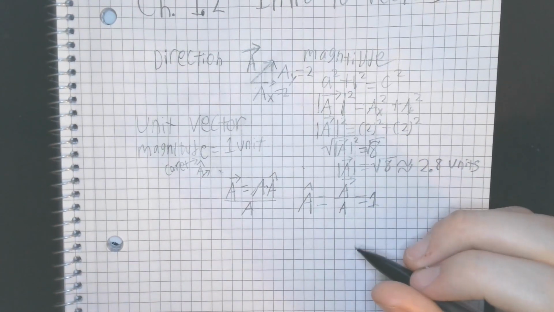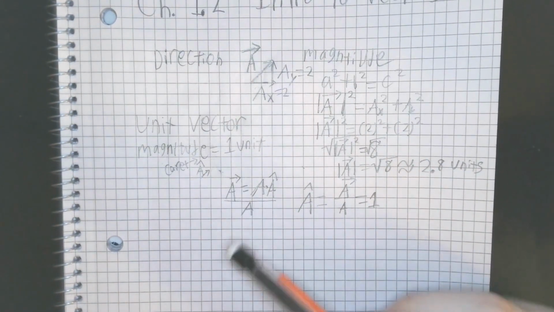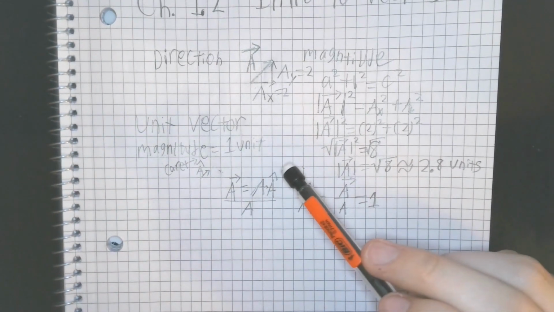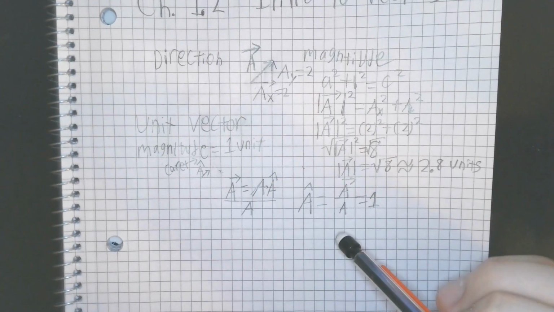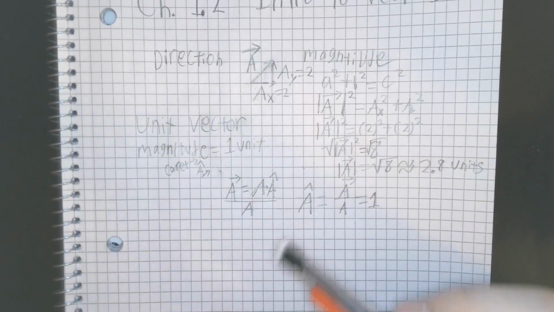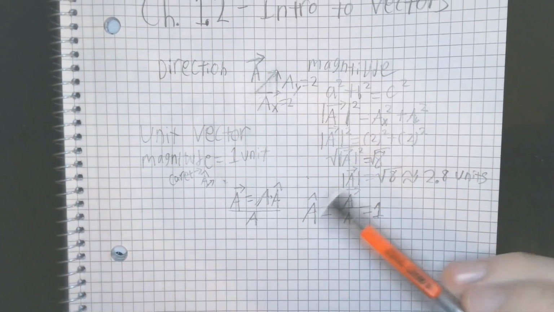Here's why this is so important. We can now represent a value with a direction without changing the magnitude. So it's very important that it's 1, because anything times 1 is obviously itself.